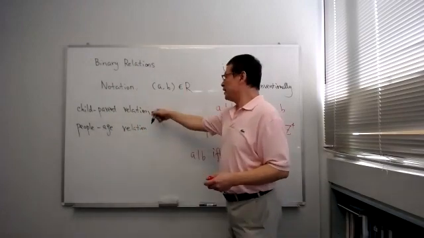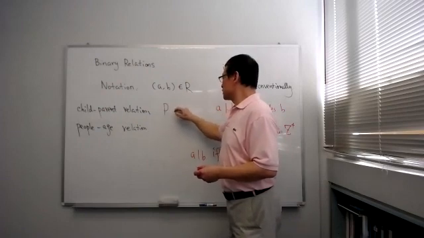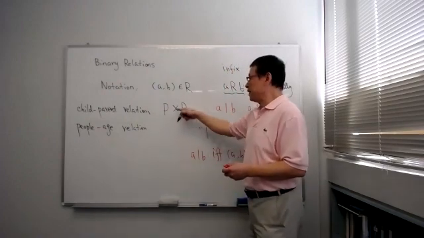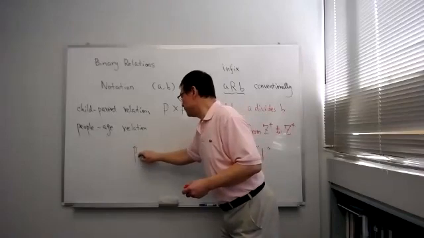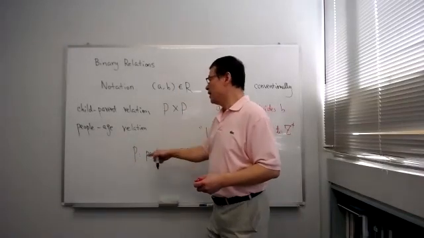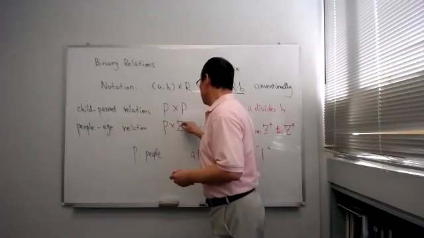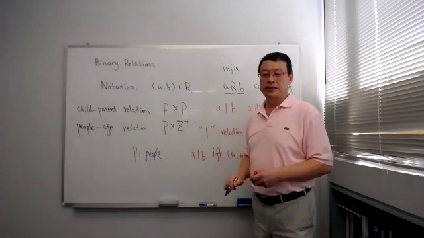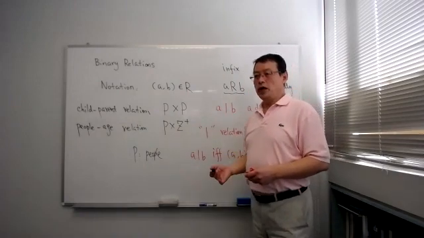All right. So here, the relation is P to P. So it's a subset of the Cartesian product P times P. P denotes people, the set of people. And for person-age, here P to positive integers, for example.